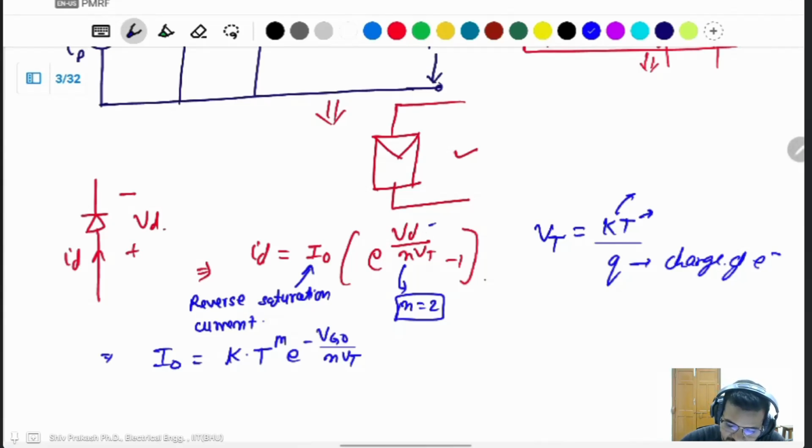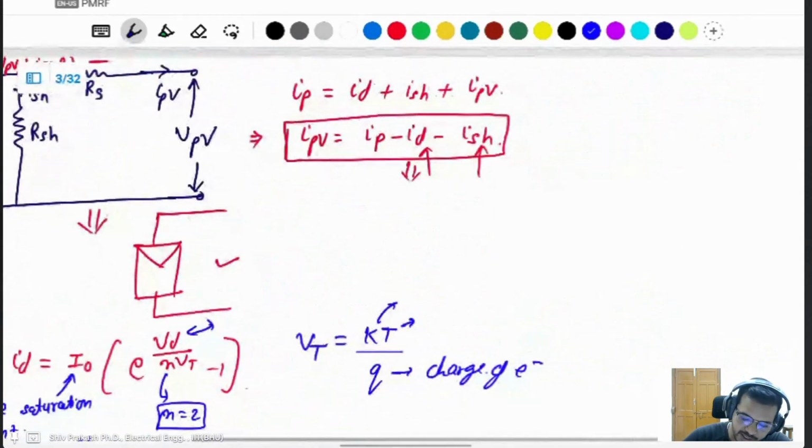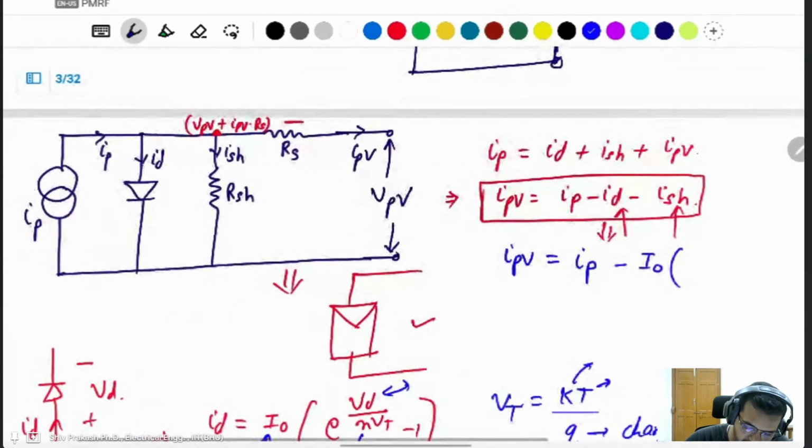This will be the voltage across the diode. This voltage represents how much current is flowing through the diode. If you put the same thing in this formula, you will get the final current of this one: IPV minus ID, I naught into e to the power of the voltage across it, and the shunt voltage VSH.